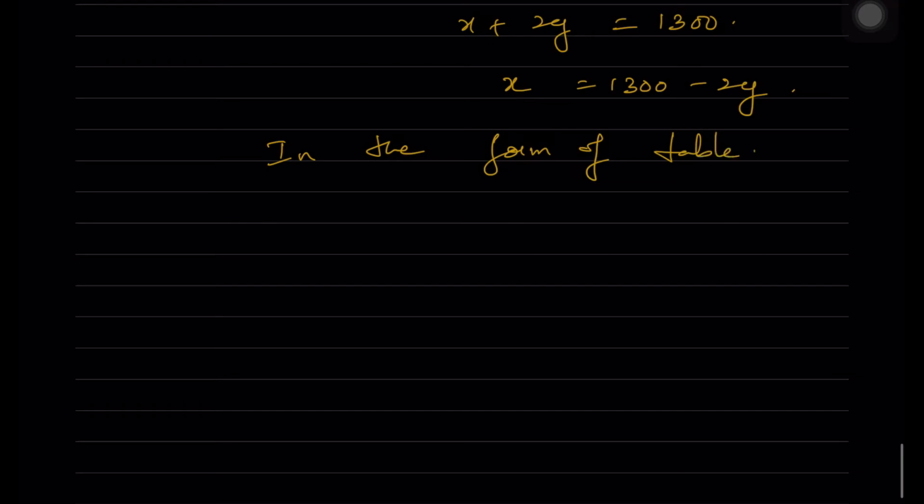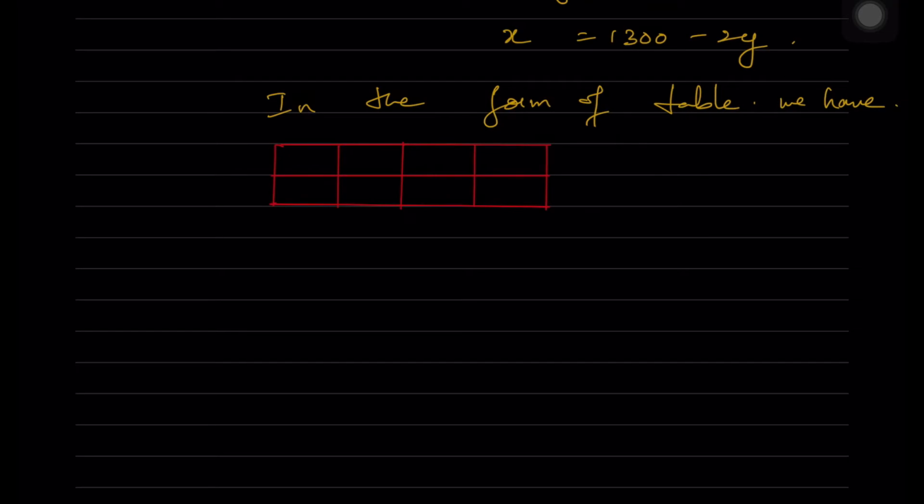In case 2, we have cost of one bat is equal to x, cost of 3 more balls is equal to 3y, therefore from the question we can write x plus 3y is equal to 1,300.